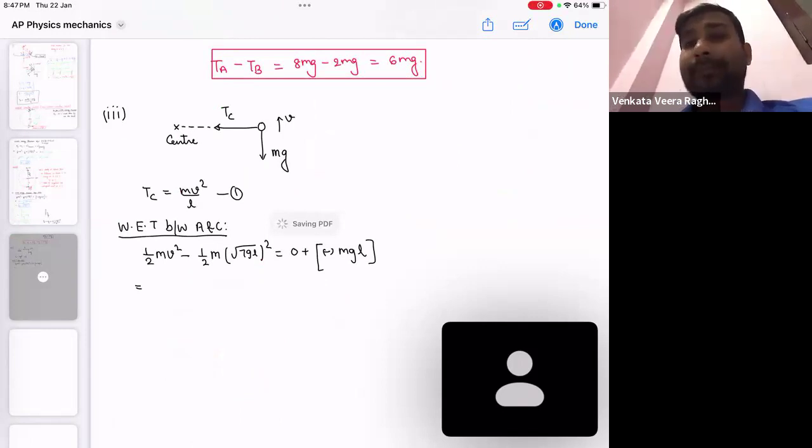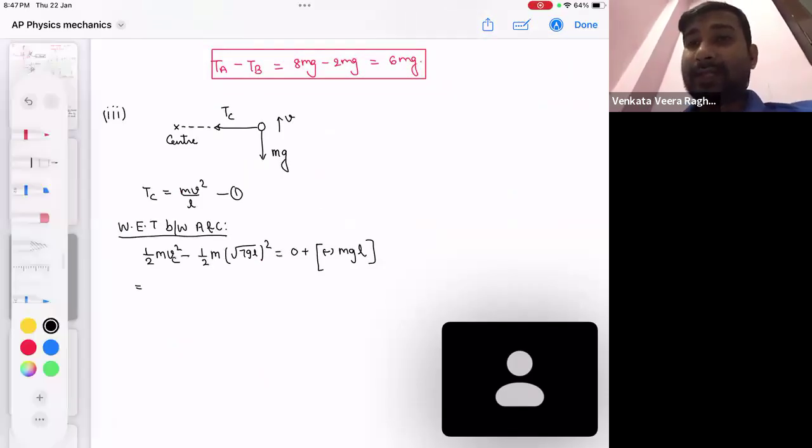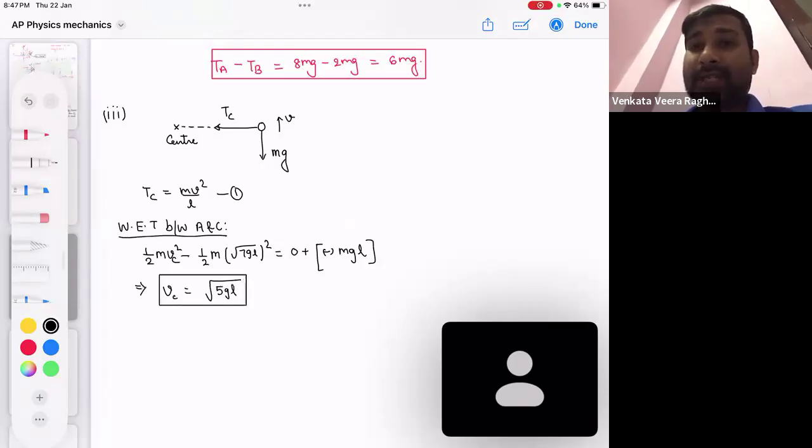Just check it once. What is the velocity at point C we are getting? If I simplify it, the velocity at point C comes out as root 5 gL. Now I can put it in equation 1 and get the tension at C. We get 5 mg as the tension in the string.